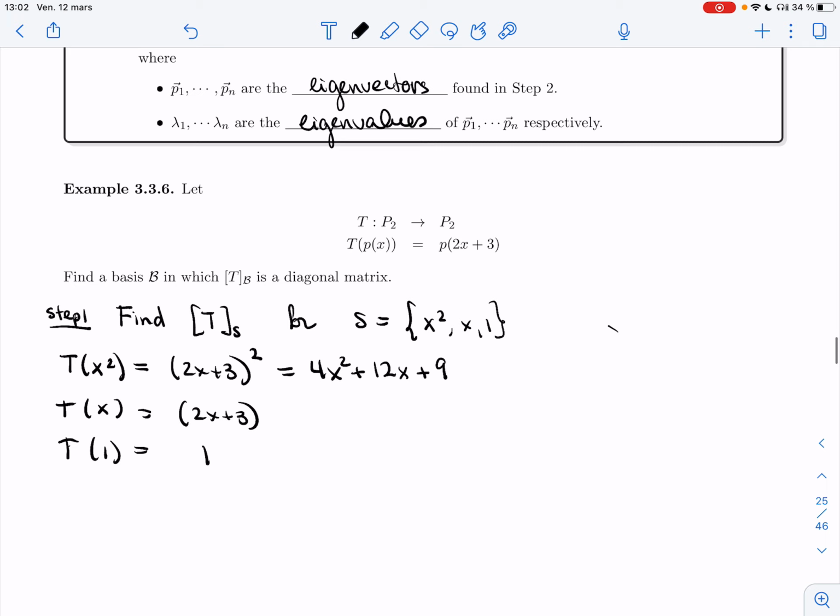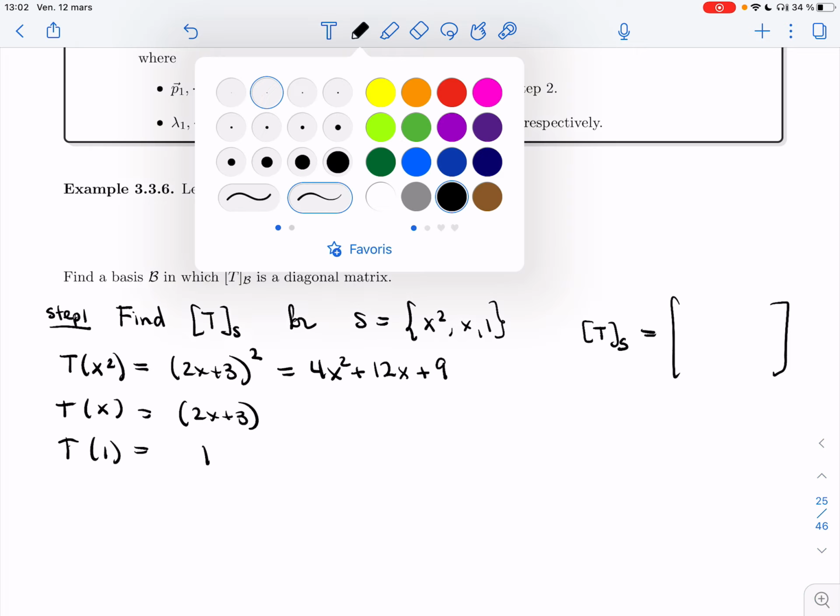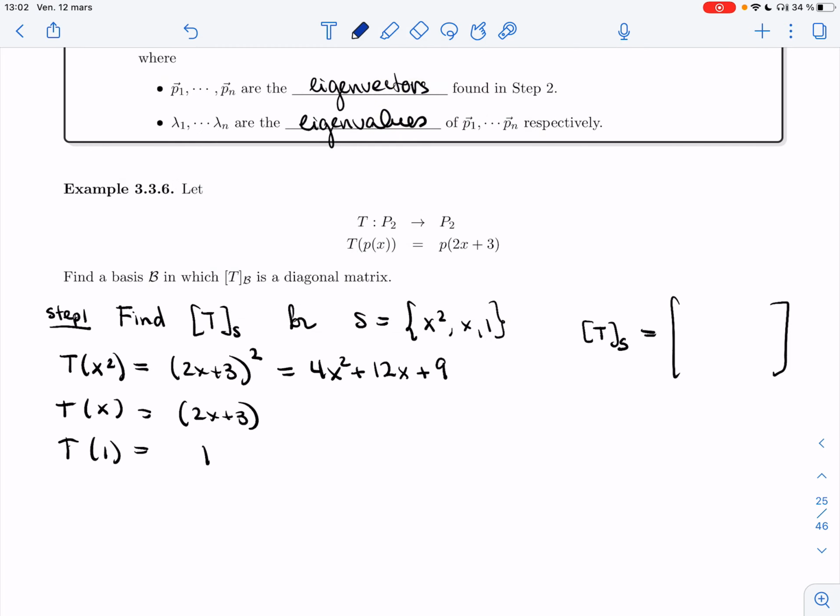And so when I write T of S, I'm going to put x squared, x, 1 here, and then this is T of x squared, T of x, T of 1.